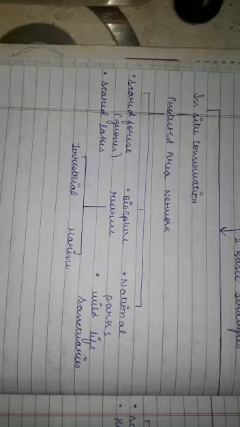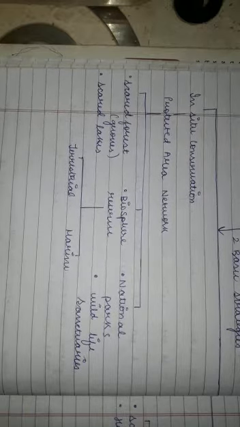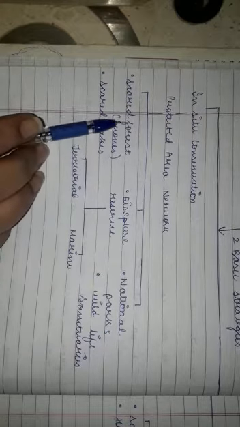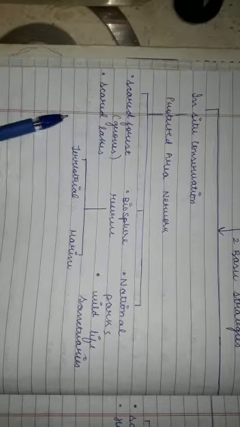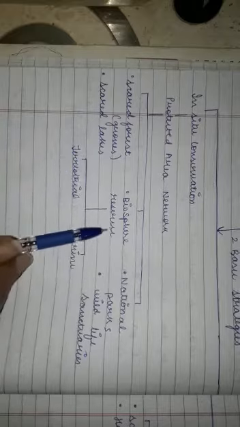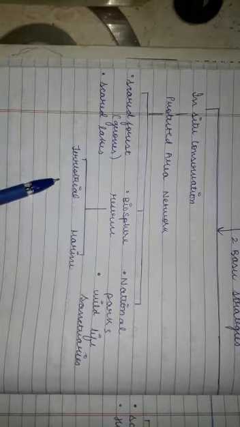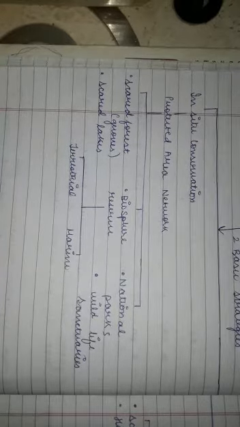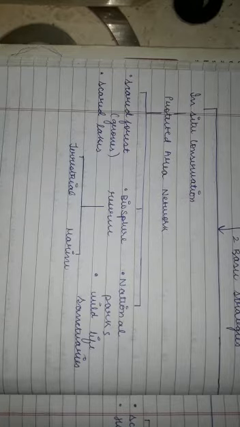Whereas in situ conservation involves the protected area network, which is further divided into sacred forests or groves, sacred lakes, biosphere reserves, which can be terrestrial and marine, national parks, and wildlife sanctuaries.